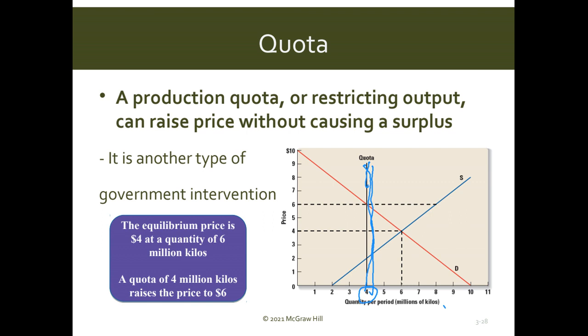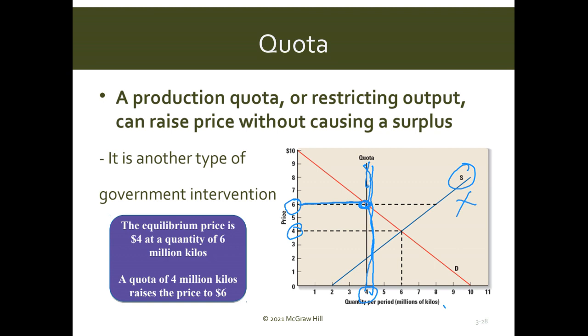And this line intersects the demand curve at this point. So you can see that this is the price 6, which is higher than the equilibrium price of 4. There is no surplus in this diagram. How do we know that there's no surplus? Because this supply curve doesn't hold now. We have this vertical line that is the supply curve.